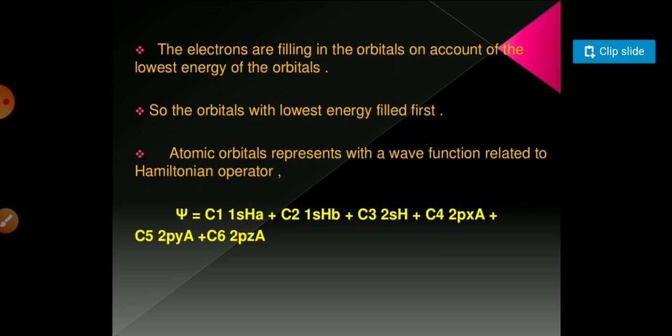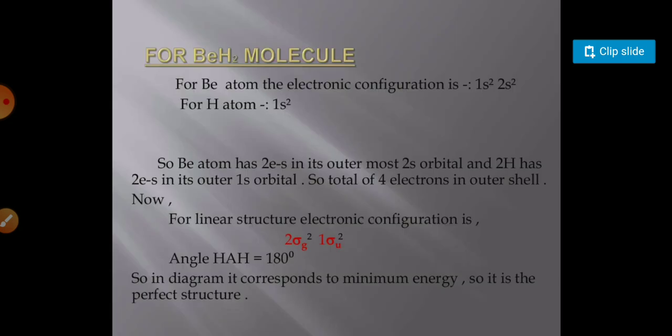The electrons fill the orbitals on the basis of lowest energy, so the orbital with the lowest energy is filled first. The atomic orbital repulsion is with the wave function related to the Hamiltonian operator. Here is the equation for the Hamiltonian operator.